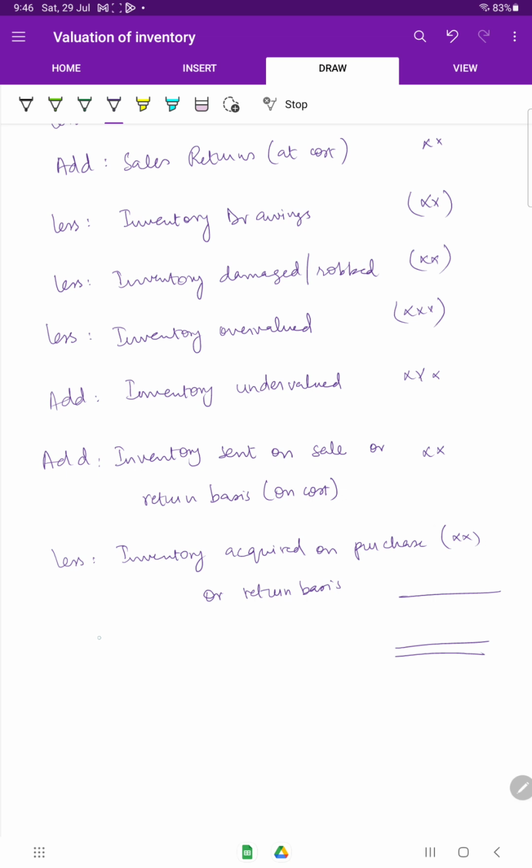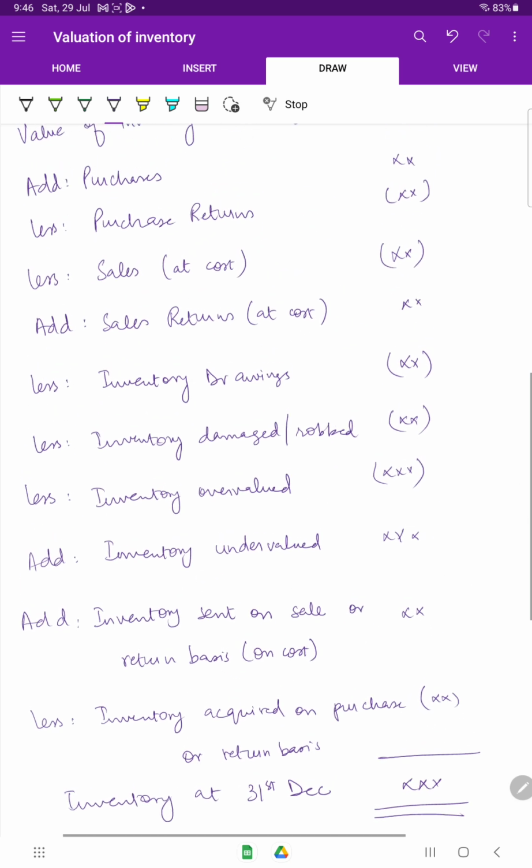This is your final amount for inventory at 31st of December. This was my inventory valuation forward.